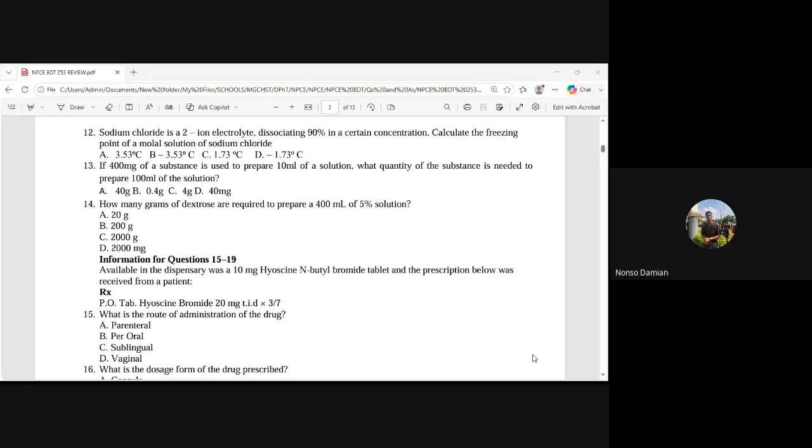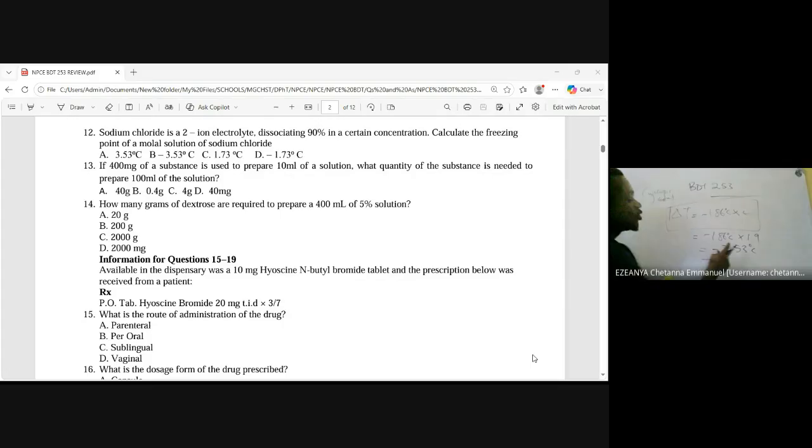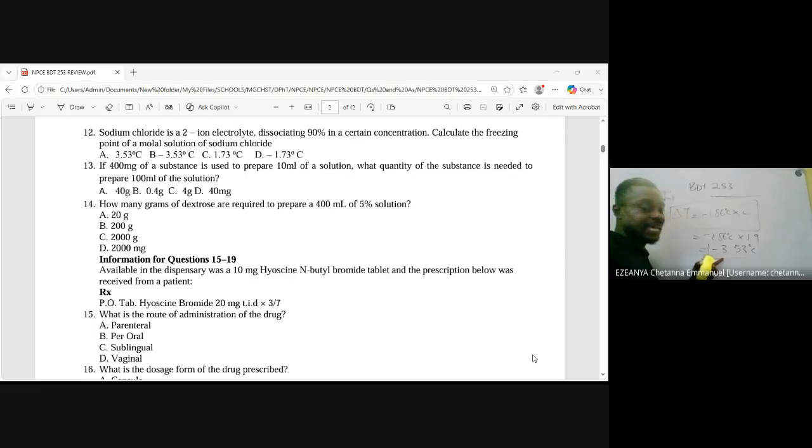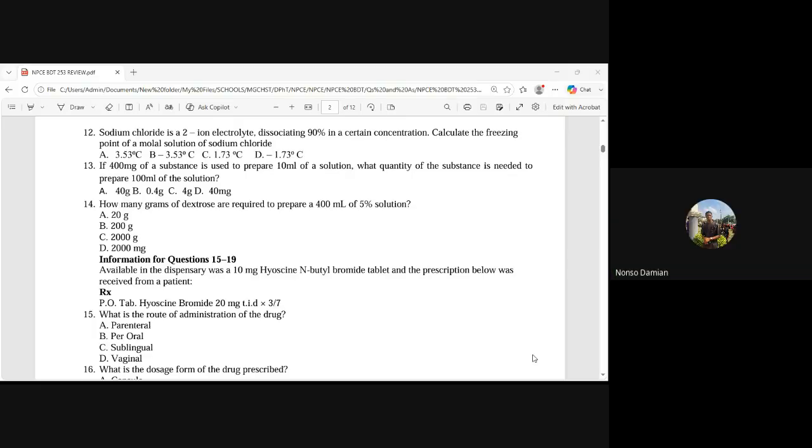Yes. Good. Since you understood up to this, this is actually the freezing point of that solution of sodium chloride. Remember, I said that the freezing point of normal water is 0. If you add sodium chloride, it will decrease to minus 3.53. That's the meaning. Do you understand? Yes, sir.